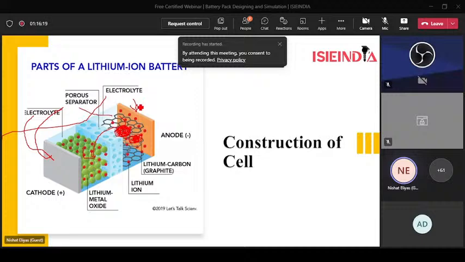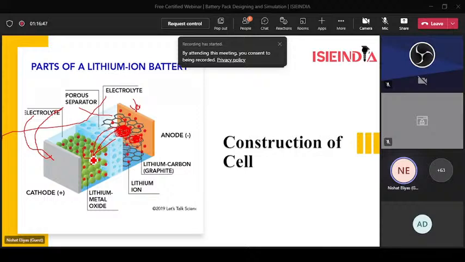And when we put the load on the cell, reduction starts at the anode, oxidation starts at the cathode, and these intercalated lithium ions start coming back to the cathode, the positive side of the cell.